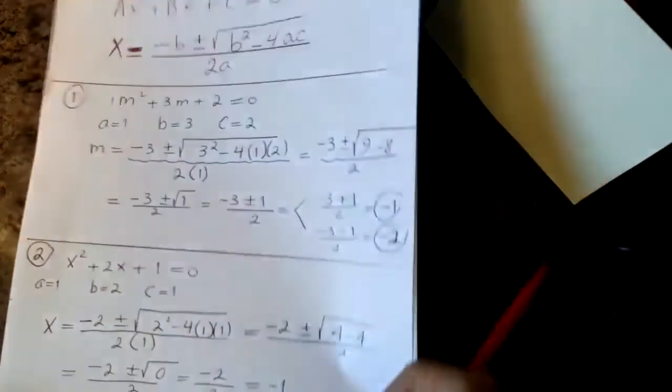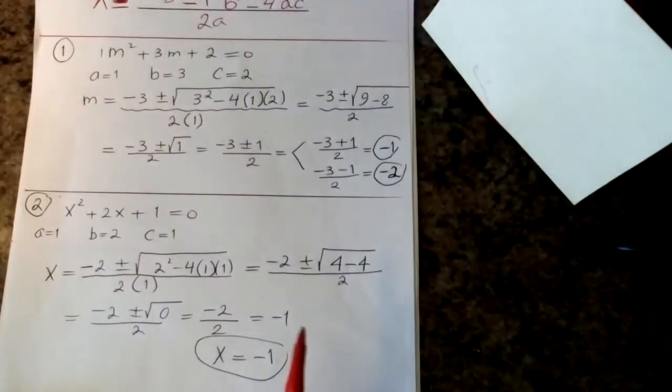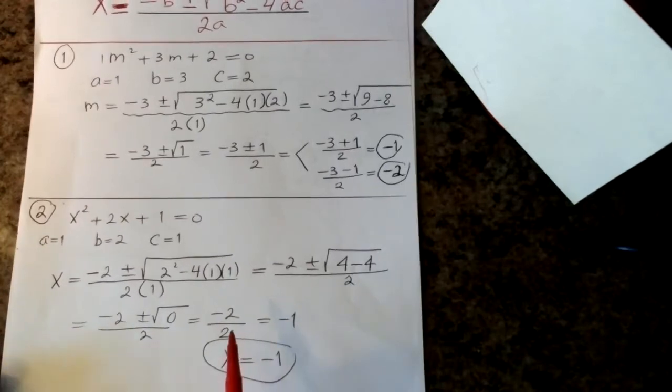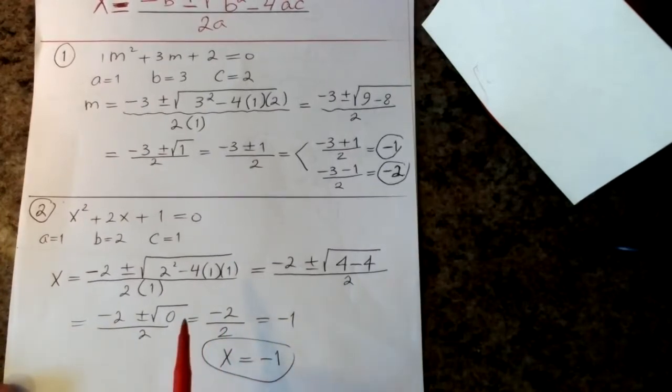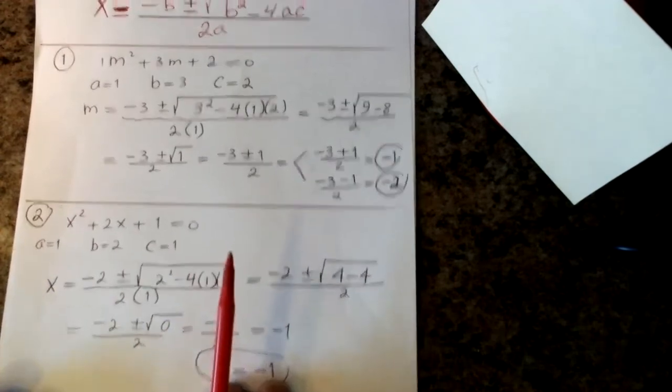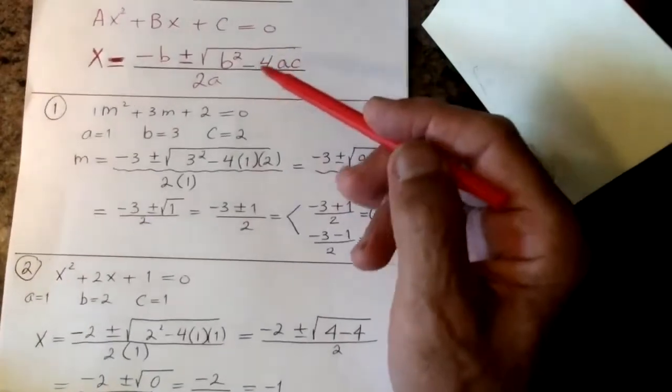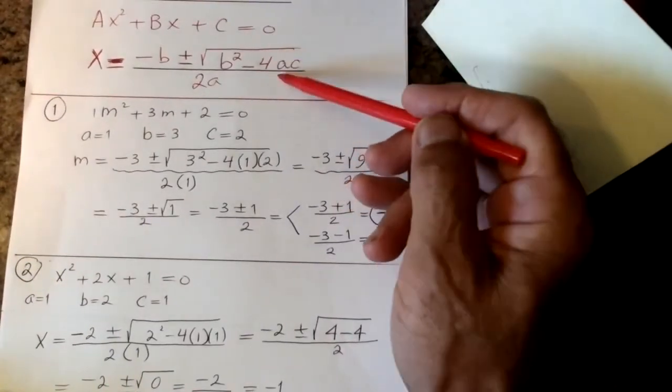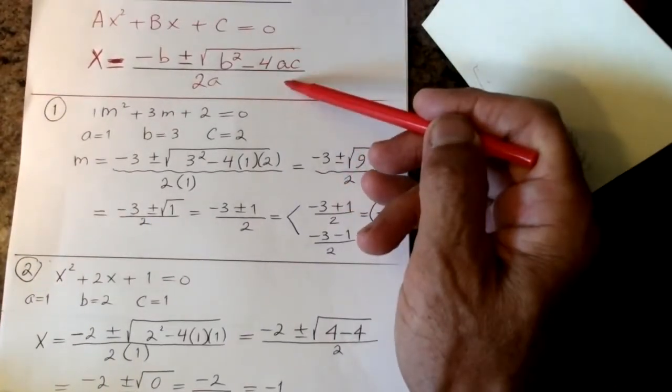In this case, the number of possible answers is 2, but in this one, there was just one answer. Why? Because under the radical I have radical 0, which is 0, so this part is gone and all you have is one answer. When you solve quadratic equations, you might have 2 answers, 1 answer, or no answers.